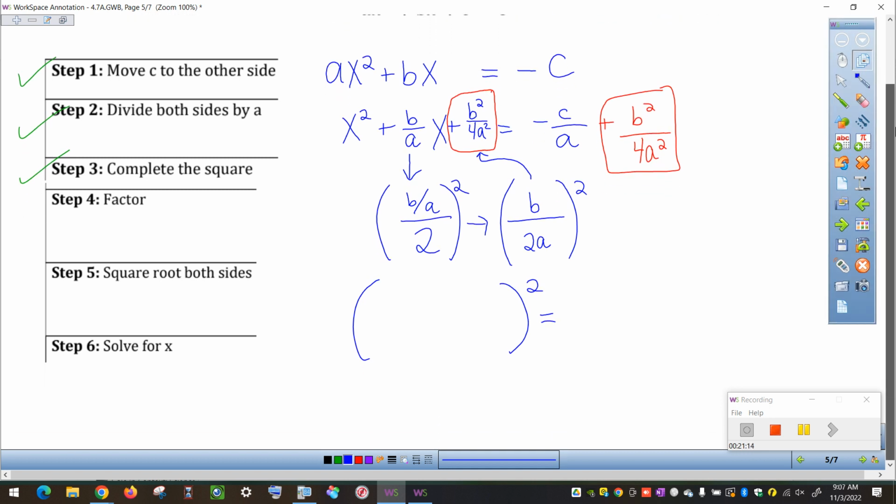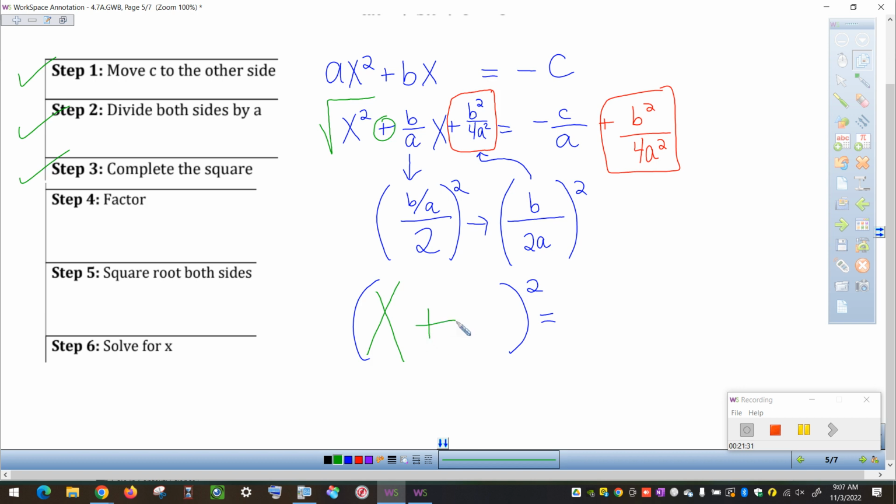It's just another perfect square trinomial, the same way that we've always done. So let's do the square root of the first term. The square root of x squared is x. So that's going to go in the middle. Now the middle term here is being added. So we're going to bring down a plus sign. And then we're going to do the square root of the last term here.